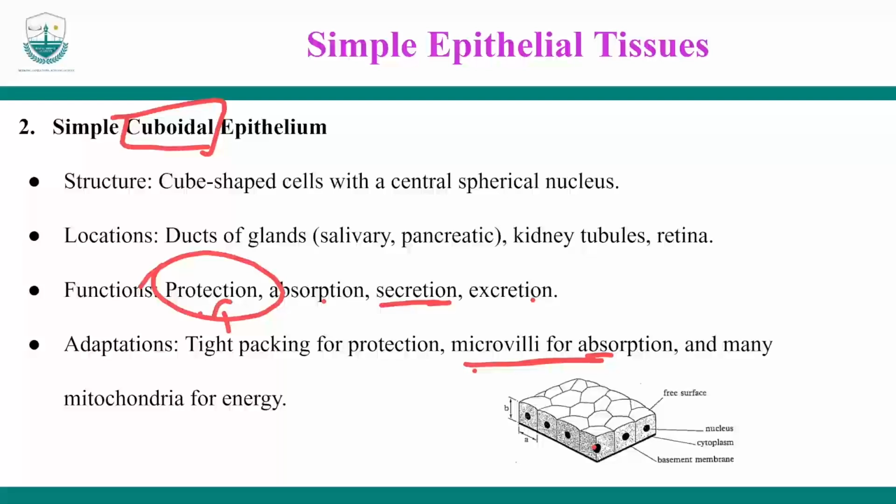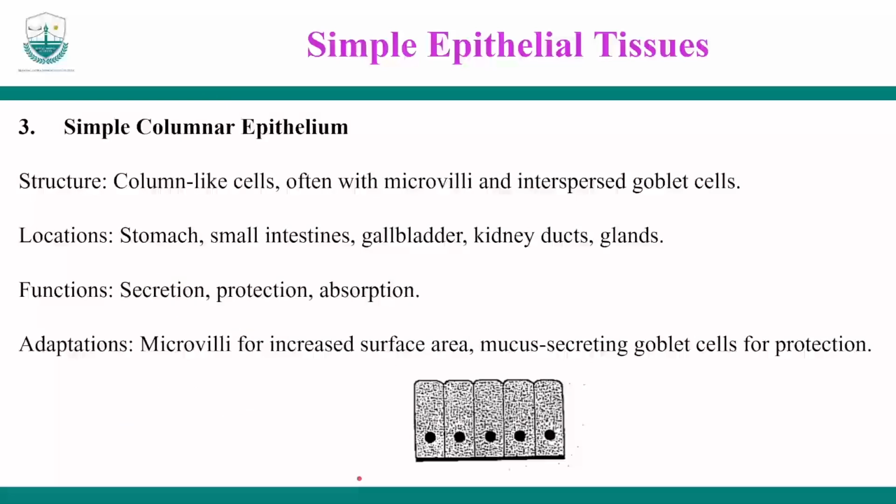Especially in the renal tubules, where reabsorption happens, we have microvilli. These epithelial cells also have mitochondria that they use for energy.